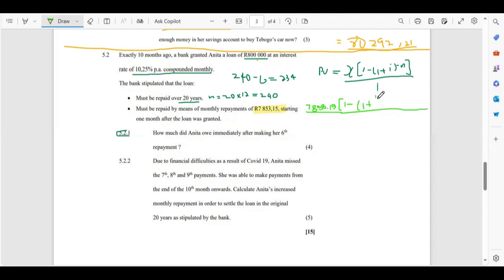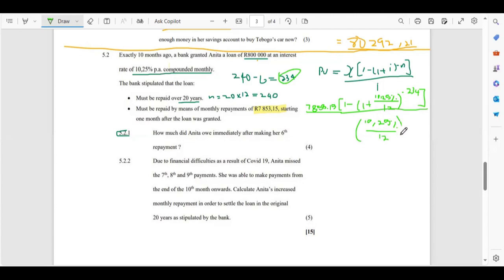So let me just write it here: 10.25 percent. Now, remember, it's compounded monthly, hence I need to divide it by 12. Now, all to the power minus n. And we said our n is going to be this 234. So it's going to be negative 234. Now, my i, still 10.25%. Remember, this interest is compounded monthly, hence I need to divide this by 12.